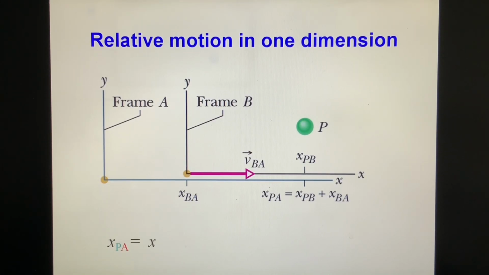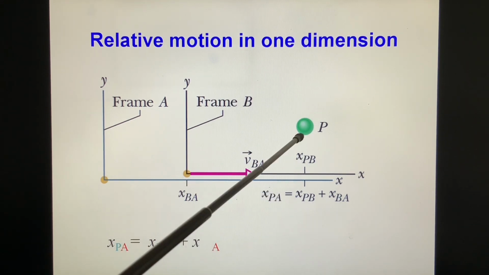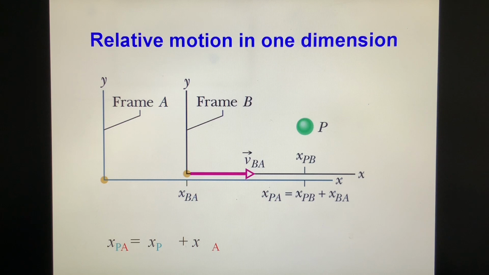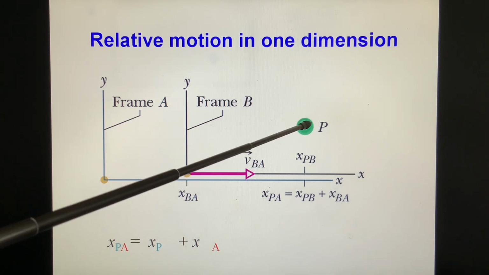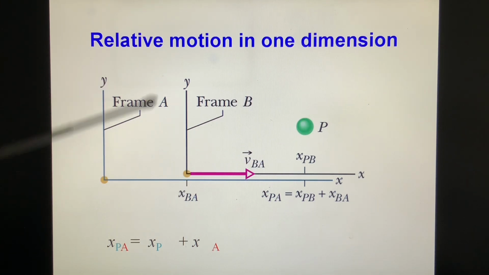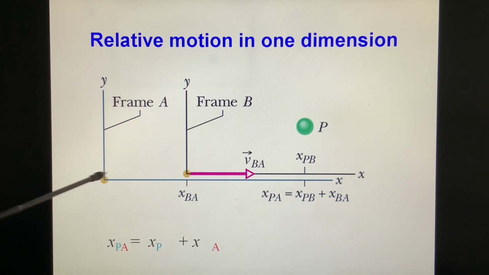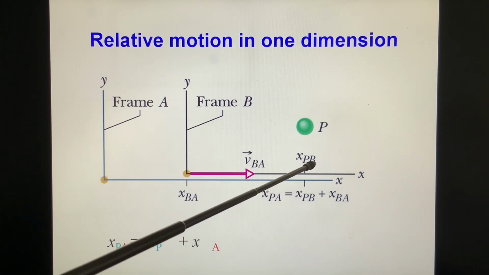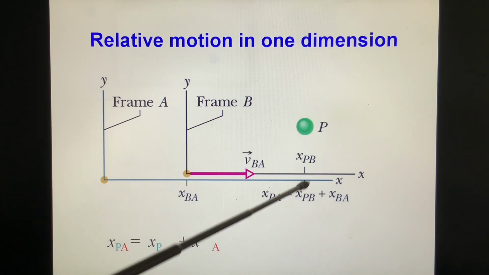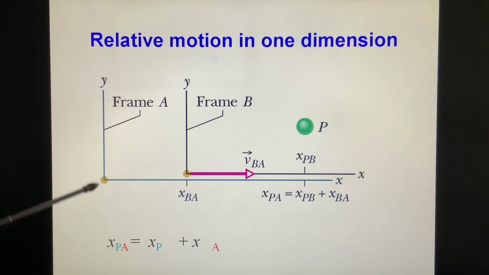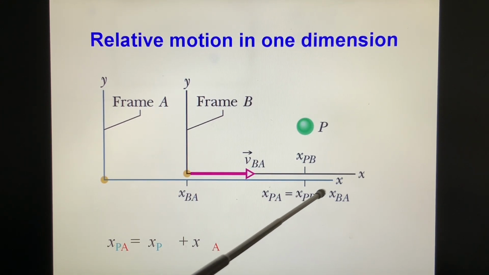Like this one: we have a frame B and a frame A. The position of P in frame A we call PA. PA equals PB plus BA. That is, PA is PB plus BA.